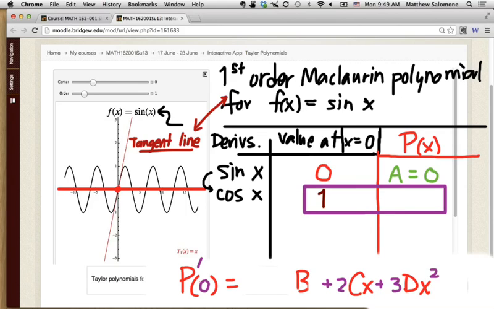Yeah, all of my terms disappear except for that first one, namely b. So if I want my polynomial to have a derivative equal to 1 at x equals 0, then I must conclude that the value of b must be equal to 1.